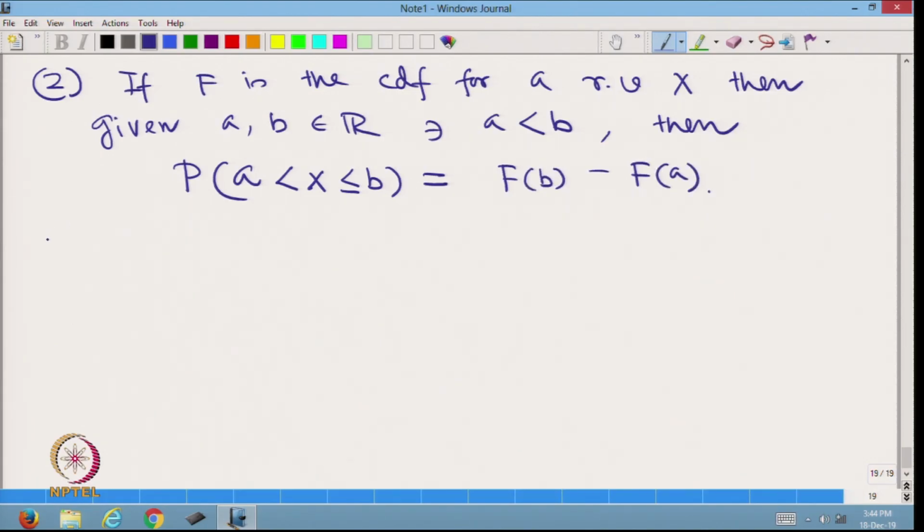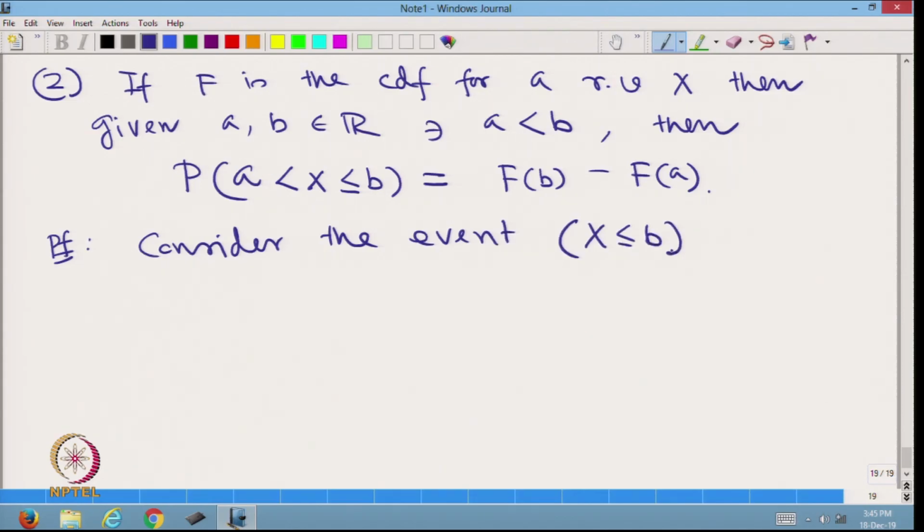Proof: consider the event X less than equal to b. That means, the random variable X taking any value which is less than equal to b.